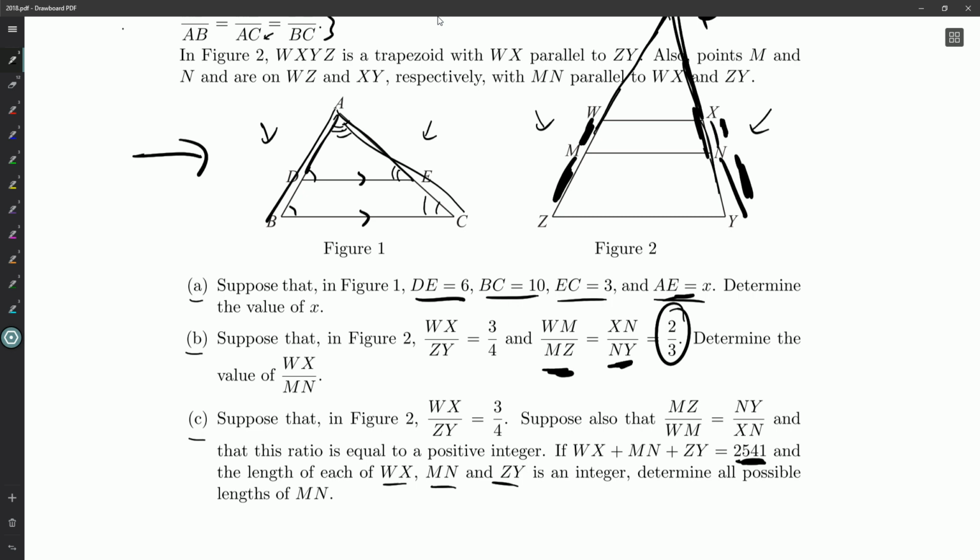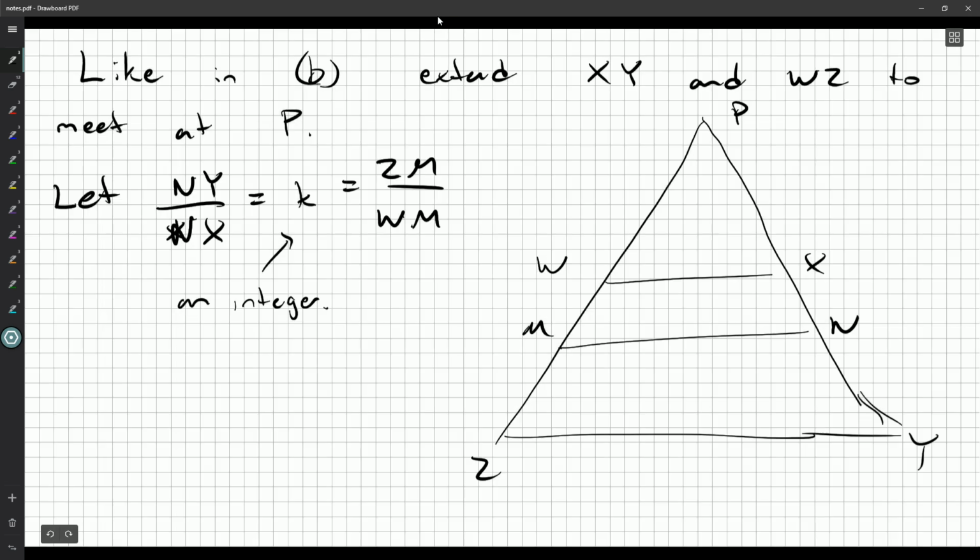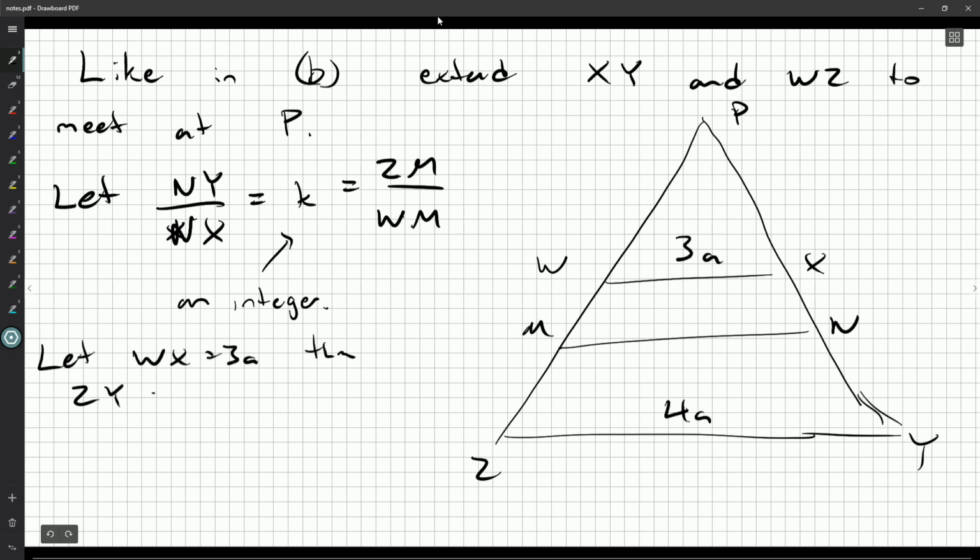Alright, so yes, NY over XN, yeah, sure, they just switched the letters around on me, that's fine. So, I suppose we could also say that this be 3A and this be 4A. Okay.